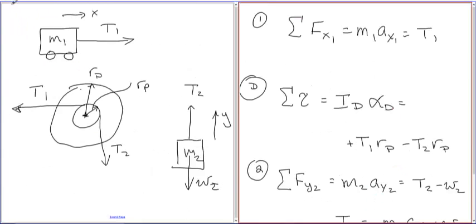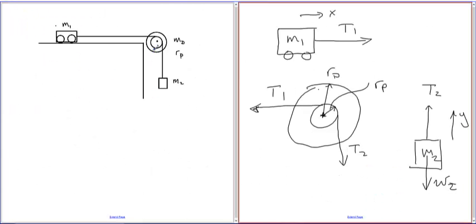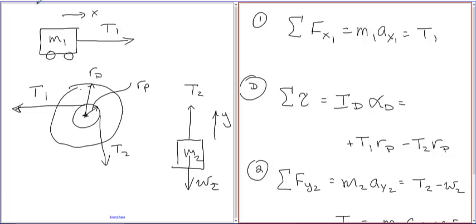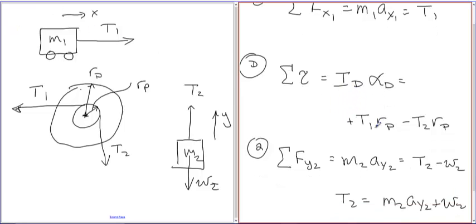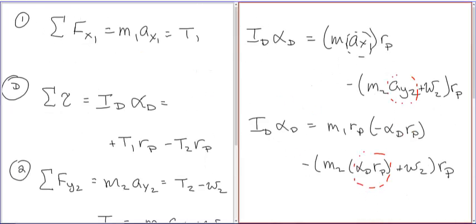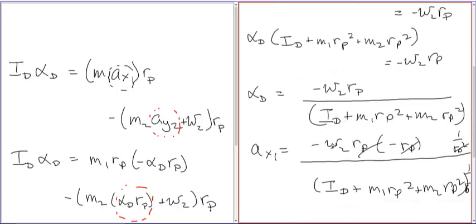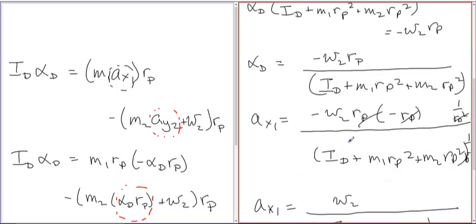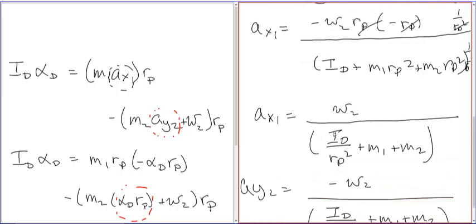What we're going to do is two scenarios. One is where we have the disk attached to the pulley, and one where we take the disk off. So one part will be where the moment of inertia of the disk is 0, and we'll be using this equation here, except this term will be 0.